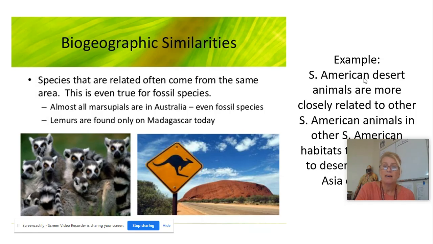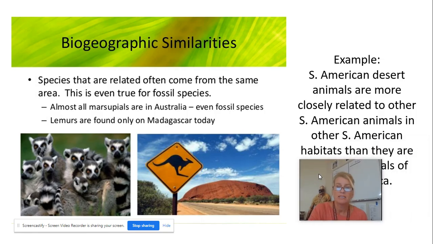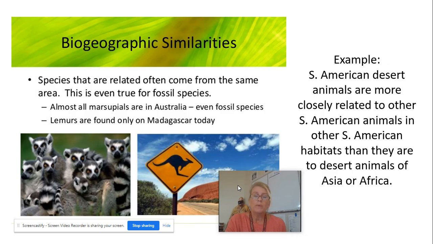All right, lastly, when we talk about evidence of evolution, we can look at biogeography. That means species that are related to each other often come from the same area. Let's imagine a mountain goat.